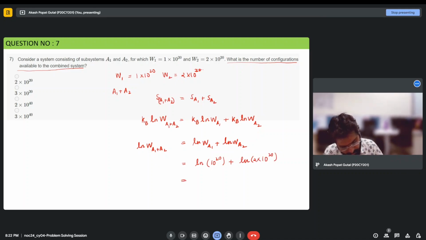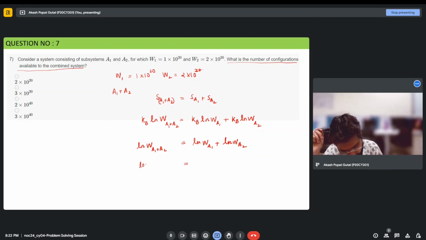So what are we going to get? What we can do is convert this natural log to log to the base 10. If you convert the log to the base 10, you need to multiply by 2.303. For this equation, both the sets are natural log, and the 2.303 also cancels out with the KB value.